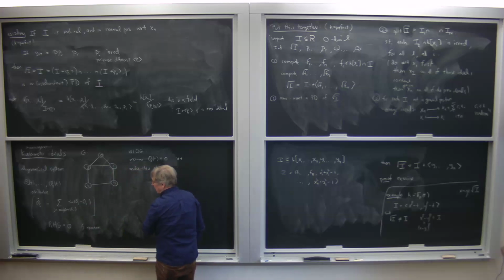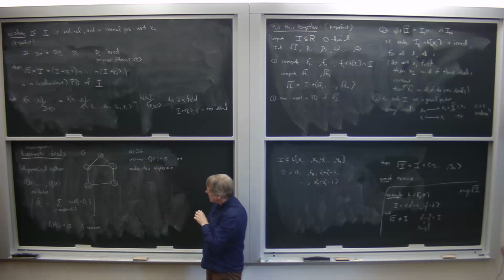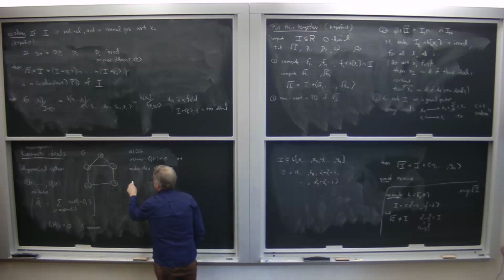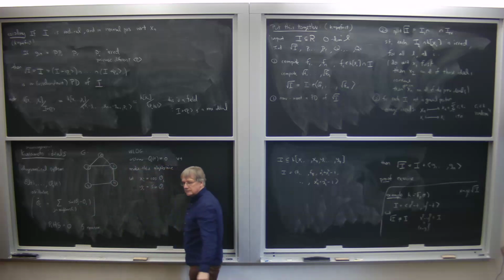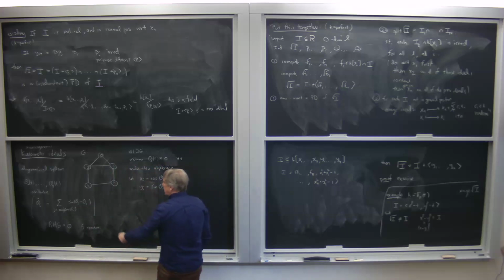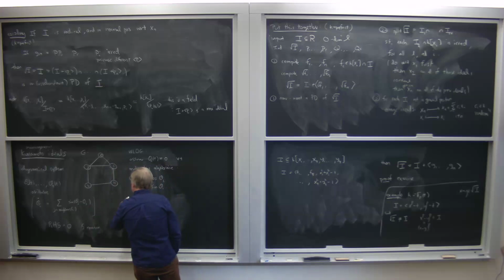How do we make it algebraic? We let xi be cosine of theta i, and yi equal sine of theta i. And then what do we have? We have sine of theta j minus theta i.